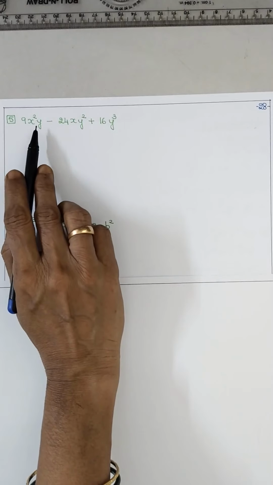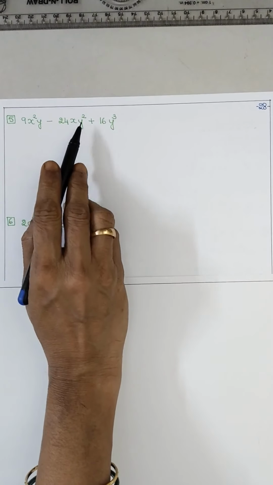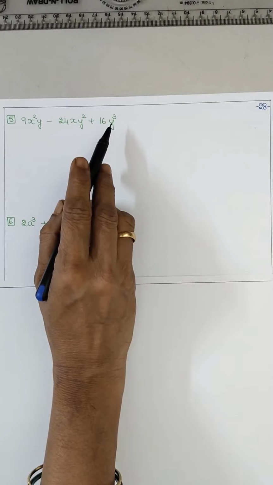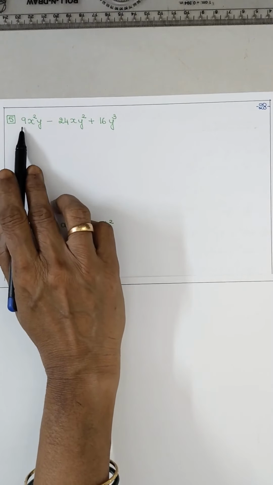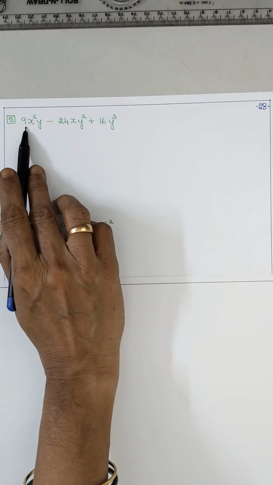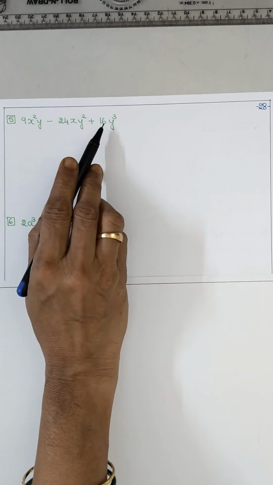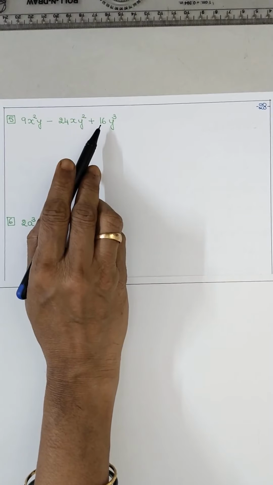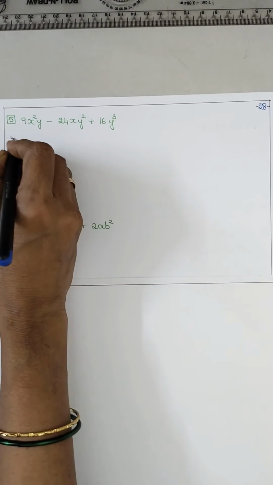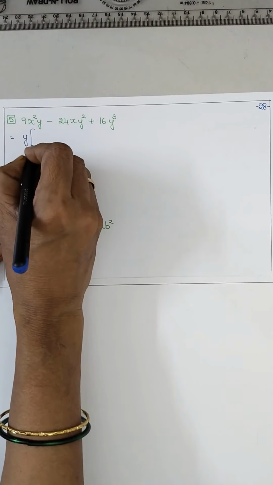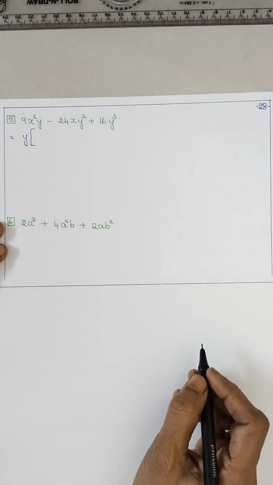Yes or no? y squared, y cubed, means y is common. Now this 9 means 3 squared. This 16 means 4 squared.